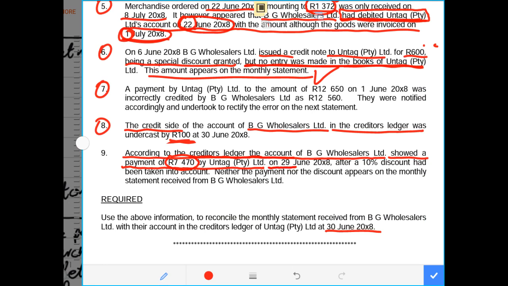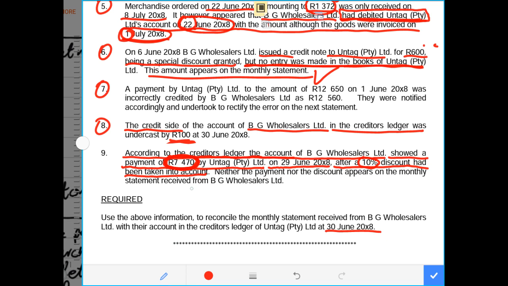On the 29th of June 2008, after 10% discount had been taken into account. So this amount is after a discount was taken into consideration. So now that means we have to know how much was the amount before the discount, because the discount is 10%. So now meaning this amount is 90%.